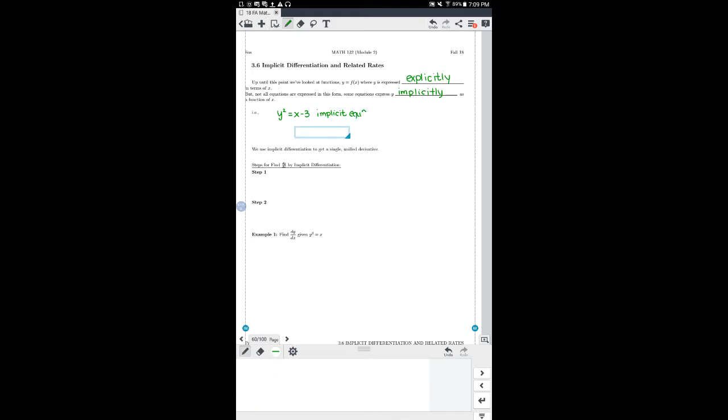To get this to be explicit would require us to take the square root of both sides, so we'd have plus or minus the square root of x minus 3. Did I really make the derivative easier? No, I've made it harder because I have this plus or minus out front. I really have two equations: y is equal to the positive square root of x minus 3, and y is also equal to negative the square root of x minus 3. So making this an explicit equation means I have two derivatives to take.